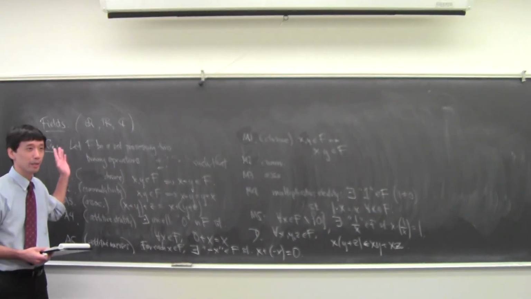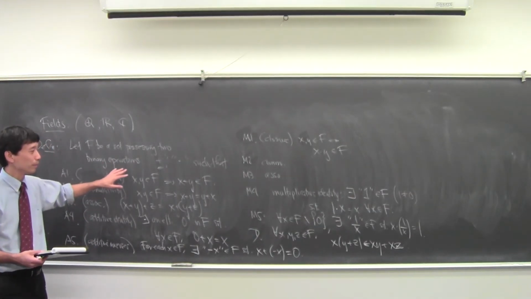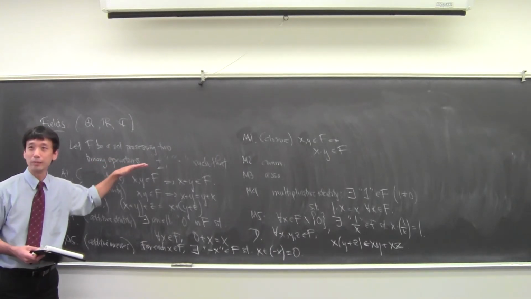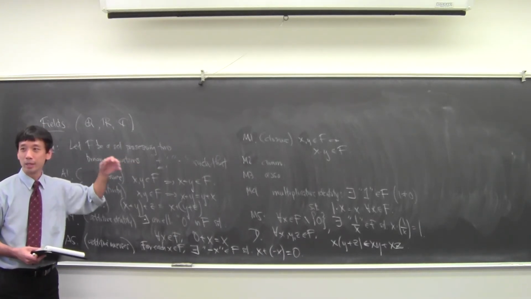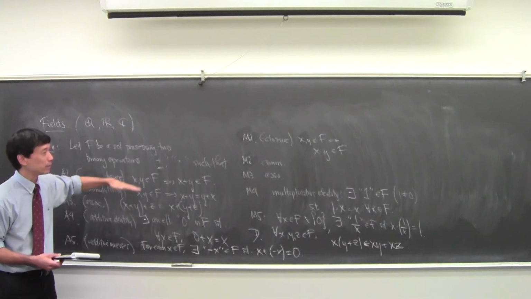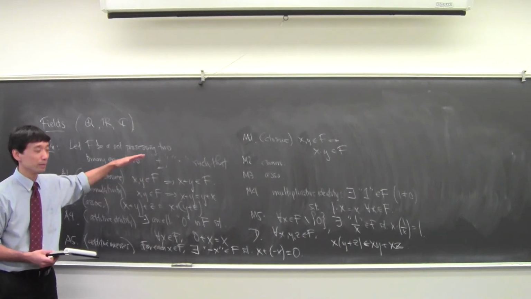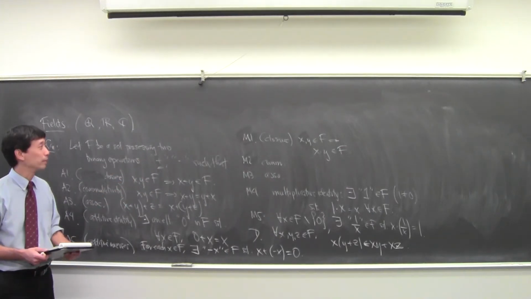Okay, so this is what a field satisfies. If somebody says you have this thing and it's a field, you know that it satisfies these. This is what a field is.